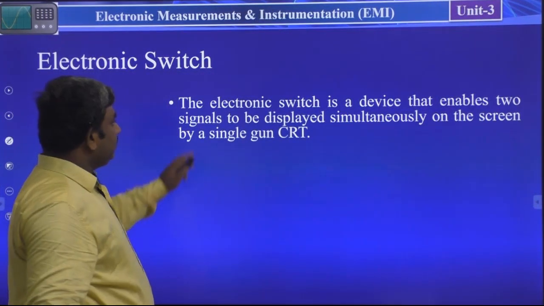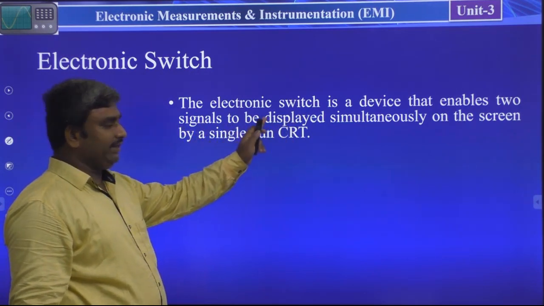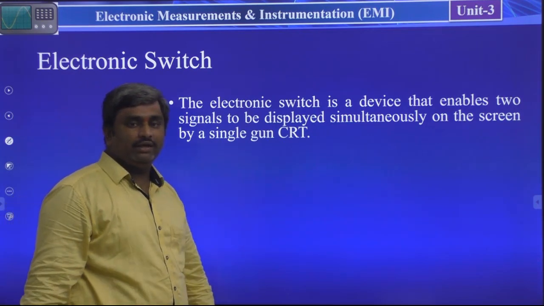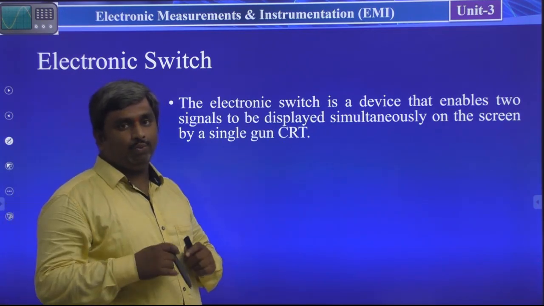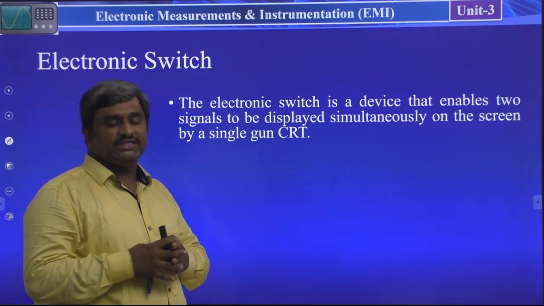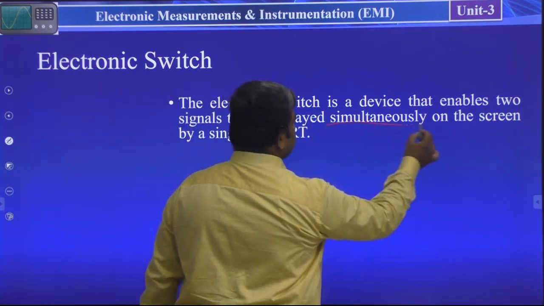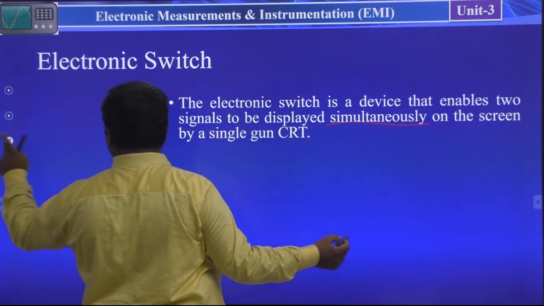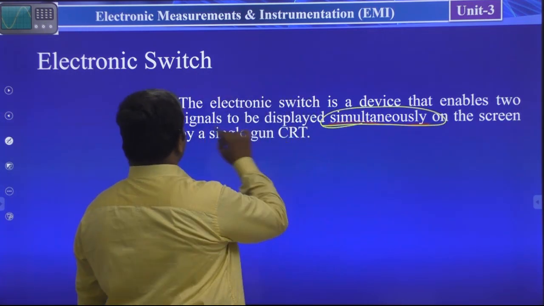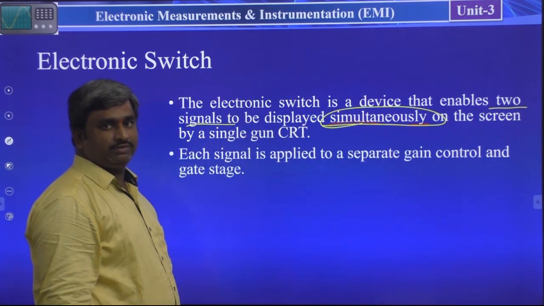The electronic switch is a device that enables two signals to be displayed simultaneously on the screen by a single gun CRT. So we have only one electron gun. With that electron gun, we can display the two channels of information simultaneously.